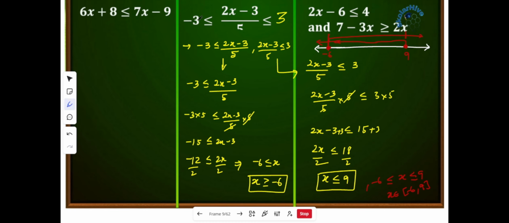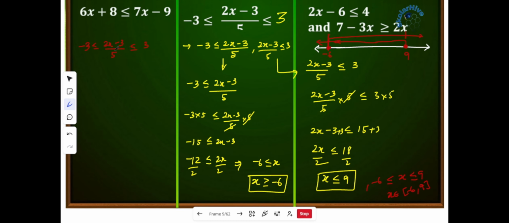Okay, so we have minus 3 less than or equal to (2x minus 3) divided by 5 less than or equal to 3. We are trying to isolate x over here, so for that we have to first eliminate 5.